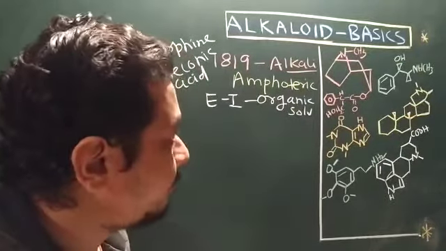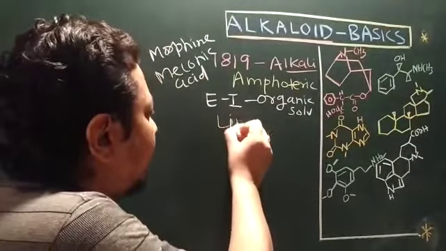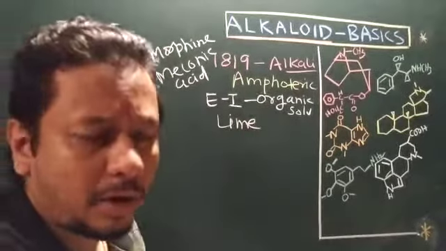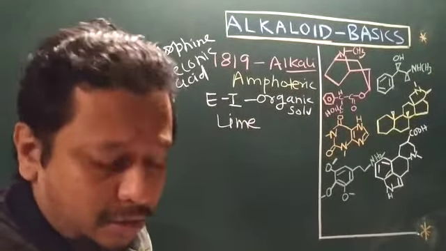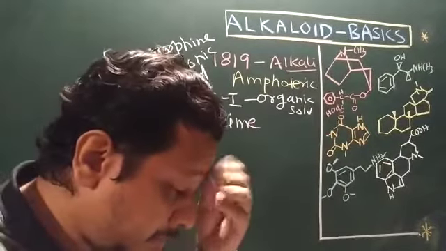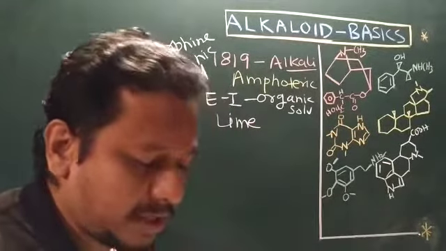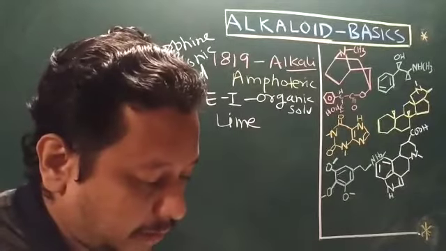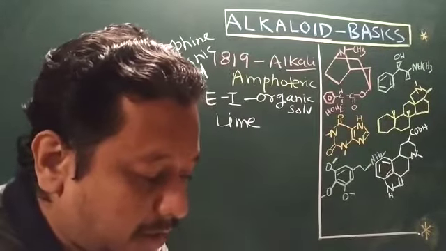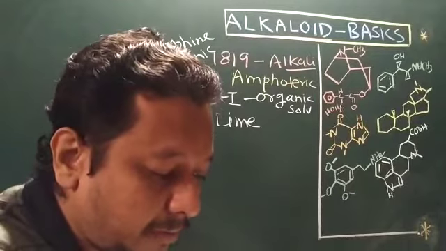In that case, we have to use a base like lime to liberate free alkaloids. Lime is calcium hydroxide, so it can combine with acids, tannins and other phenolic substances to set free the alkaloid, and then we can extract with an organic solvent like diethyl ether or chloroform.